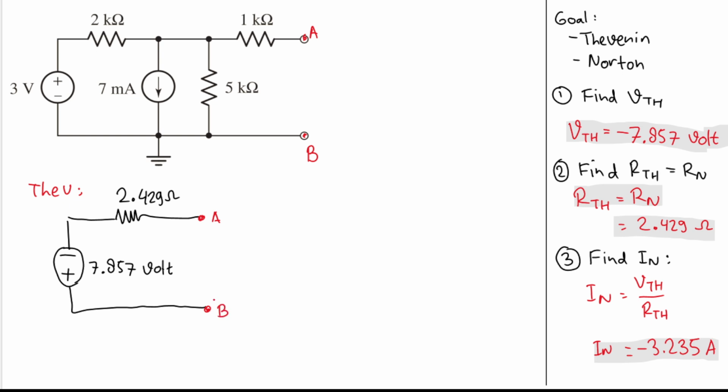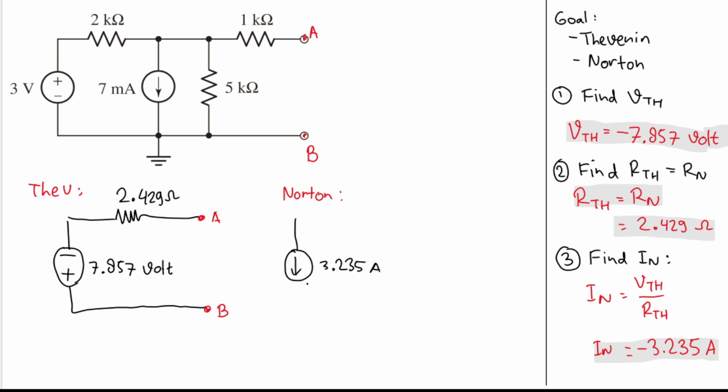Good. And how about the Norton one? It is similar, but we have a current source, right? But the current has negative sign, so we will have the arrow goes down like this. And then the value is 3.235, and the unit will be in ampere.